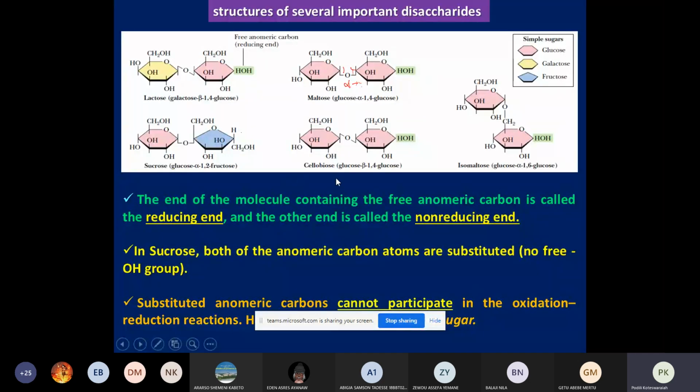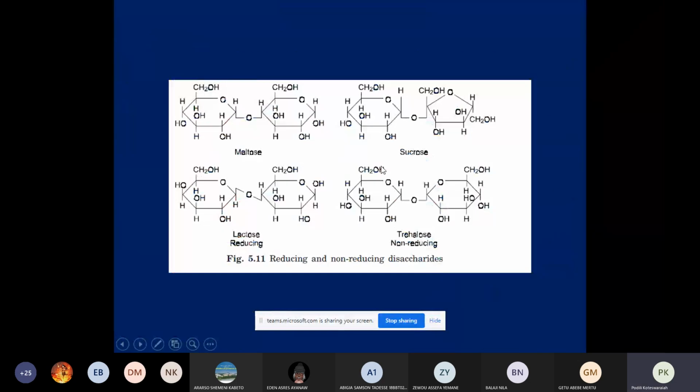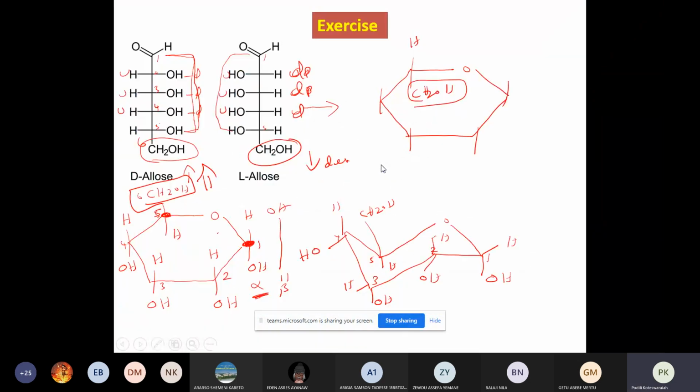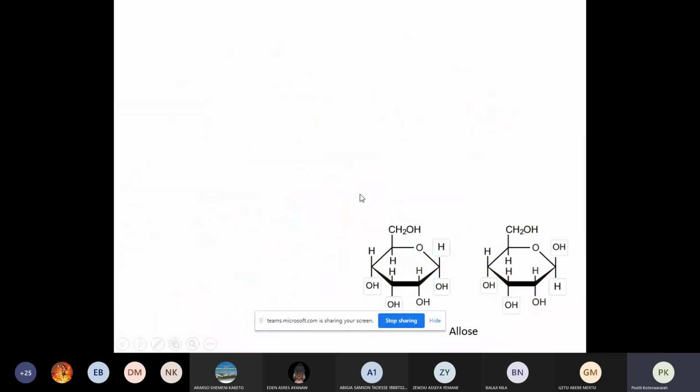In addition to this, we have isomaltose, where the two glucose residues are connected by an alpha 1,6 glycosidic bond, and also cellobiose, which is two glucose residues connected by a beta 1,4 glycosidic bond. And we also said trehalose has a 1,1 glycosidic bond.